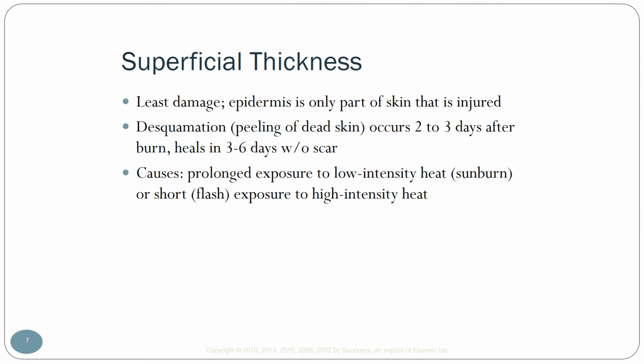This talks through each one of those that I just described with the picture. I'm going to highlight some important things that I haven't mentioned yet. A superficial thickness burn usually heals in 3 to 6 days without scarring, like those examples I gave you, a low intensity heat like a sunburn, or a flash exposure like a hot pan.